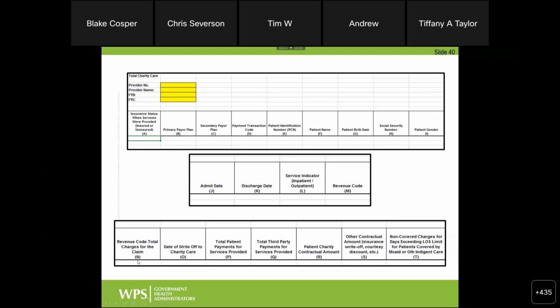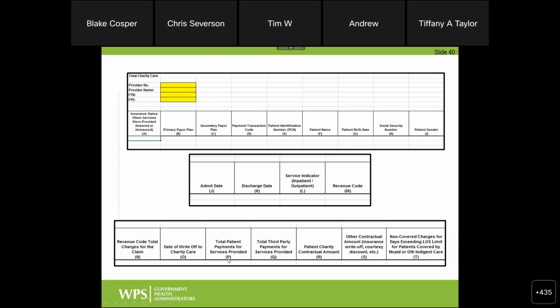We need to see the total charges for that claim. This is really what starts the calculation. Kind of right in the middle here, we have the date of write-off. Later, in the newer version, this is moved away from the amounts. But then from the total charges, we start identifying the different pieces or components of those total charges.